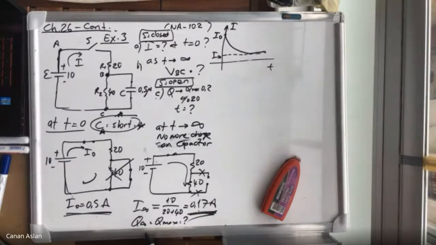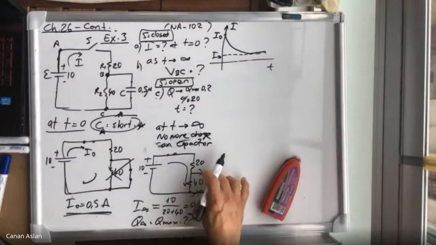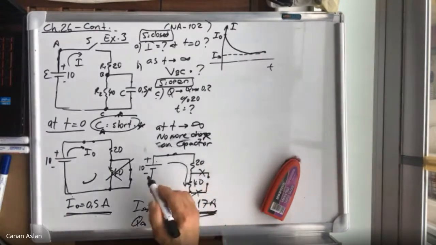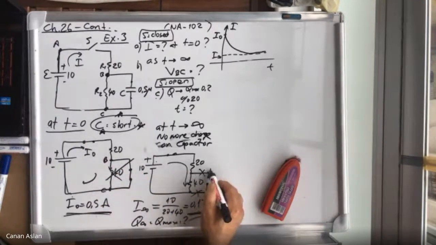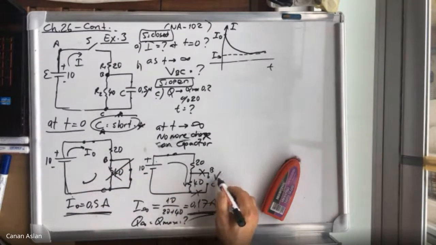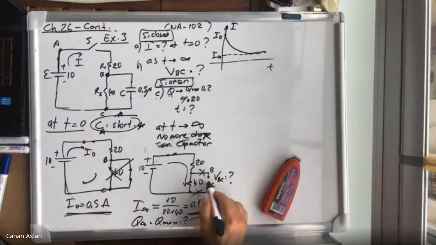In order to find that, we know that if we can find this, don't forget, still this is point B, C. So if we can find VBC, then we can find the charge on the capacitor, because physically there is a capacitor still there.